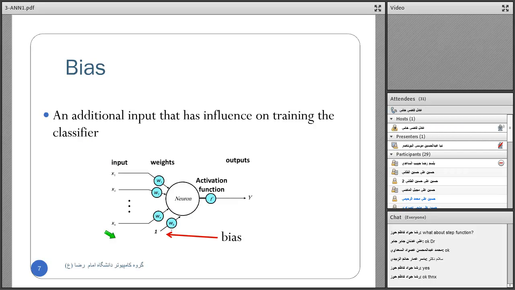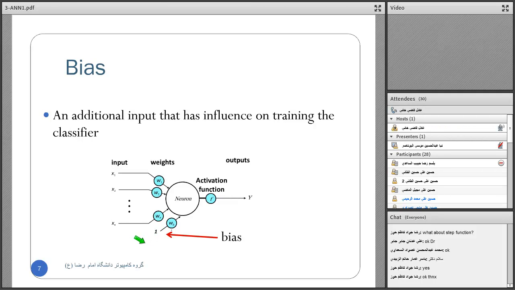Okay, the next concept is bias. Bias is an important concept in the neural network. Bias is an additional input in the computation unit. The inputs are x1, x2 to xn, but bias is another input that we have here.